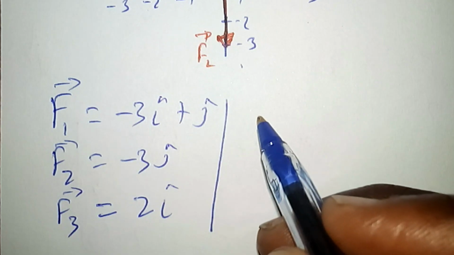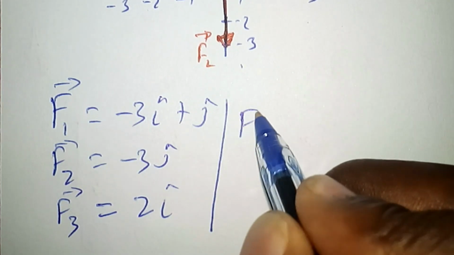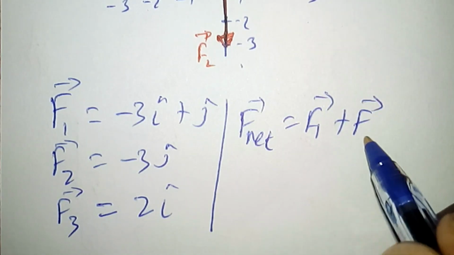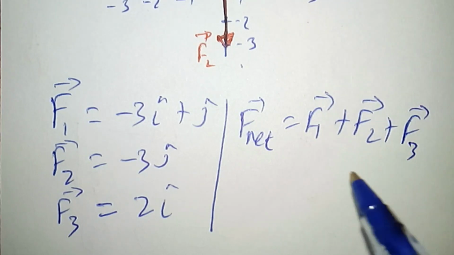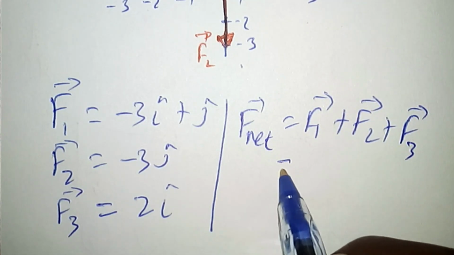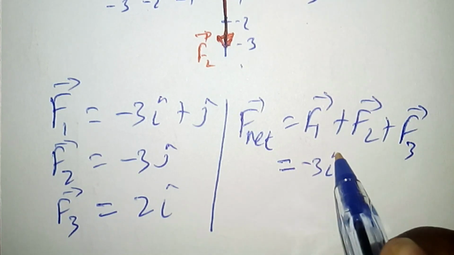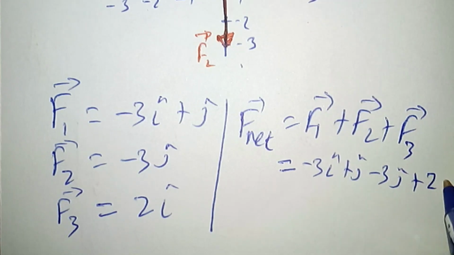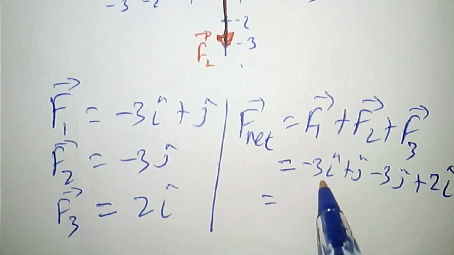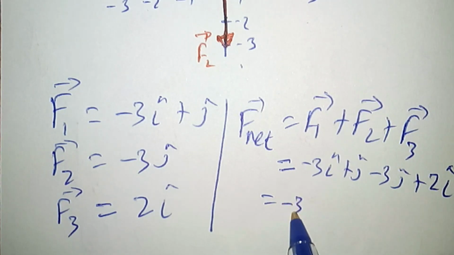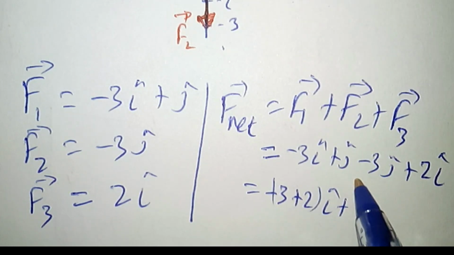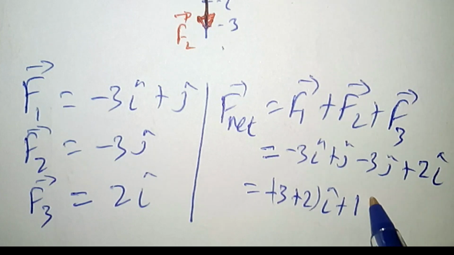The vector which indicates the net force acting on the object is F net, equal to the vector sum of all forces F1 plus F2 plus F3 acting on this object. So this is equal to minus 3i plus j minus 3j plus 2i. So we collect the I terms, that is minus 3 plus 2i, and the j terms are 1 plus minus 3.